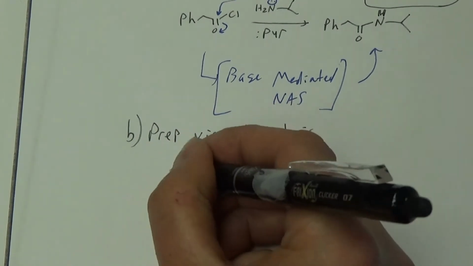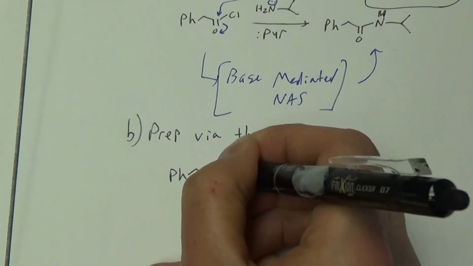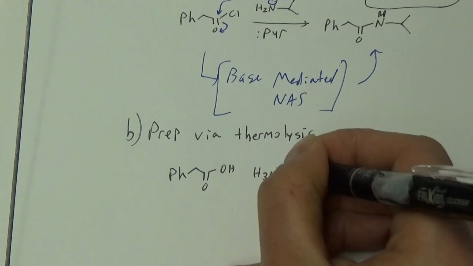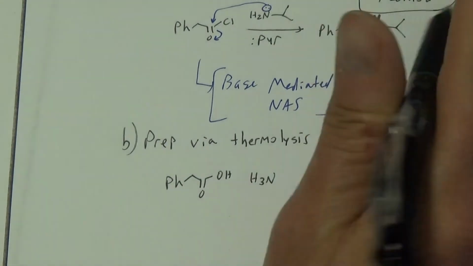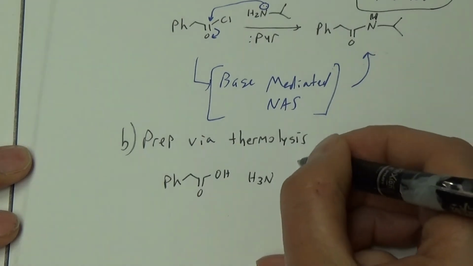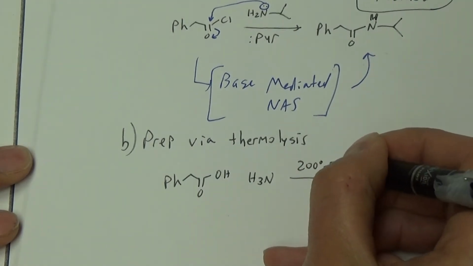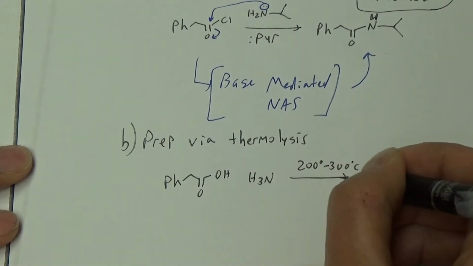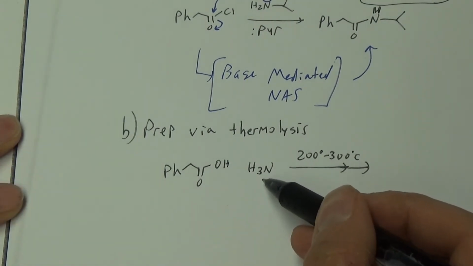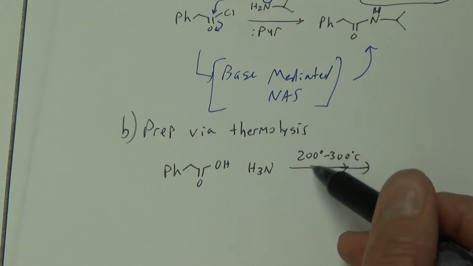But as an example, if I take a carboxylic acid and I treat it with ammonia, and I cook it up to 200 to 300 degrees Celsius, which is a little challenging because ammonia is a gas at room temp, so you have to be in a sealed container.